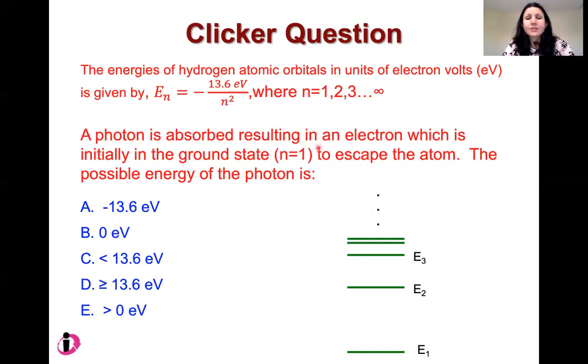A photon is absorbed by an electron which is initially in the ground state. So n equals 1 is known as the ground state. And that photon that gets absorbed allows this electron to escape the atom. What does that mean? So what are the possible energies of the photon? Think about what it could mean for the electron to escape the atom.